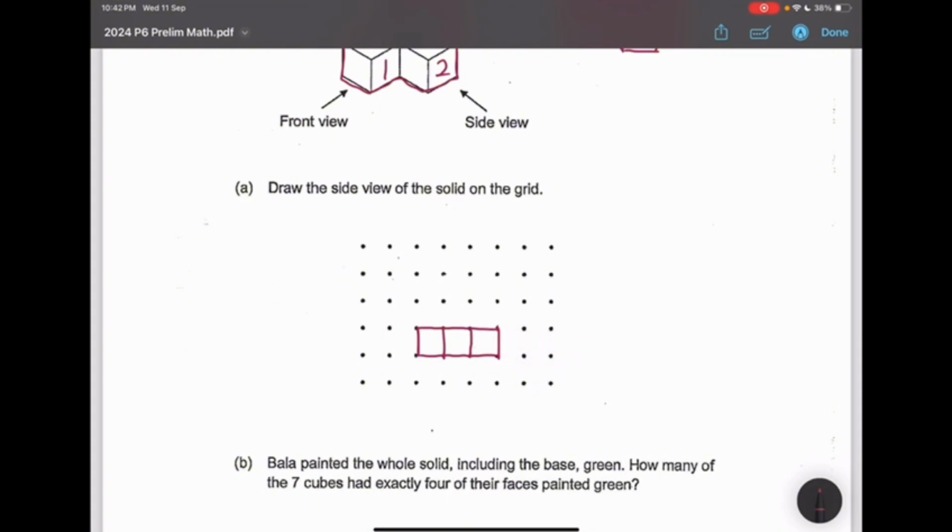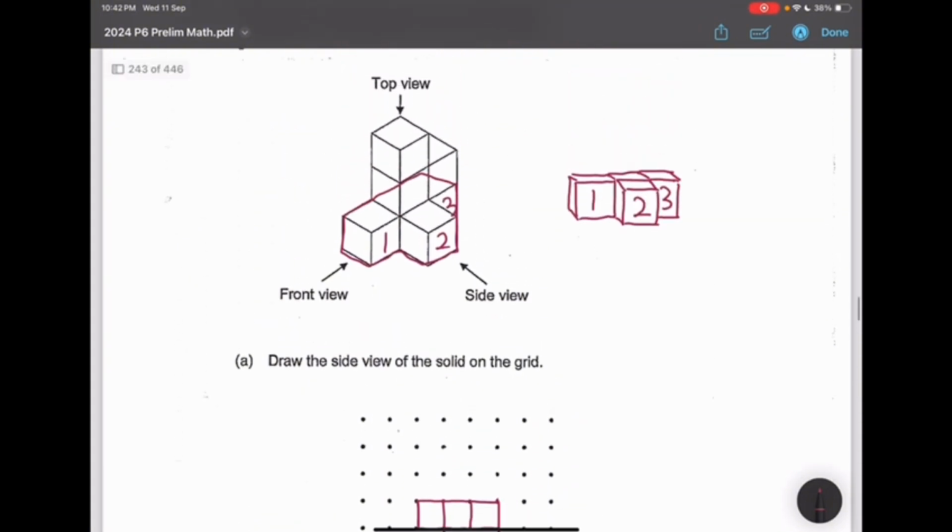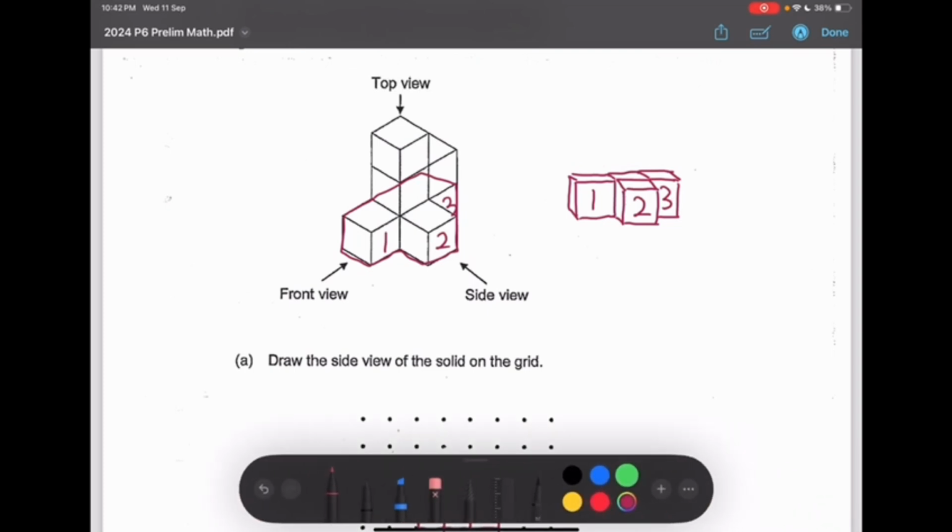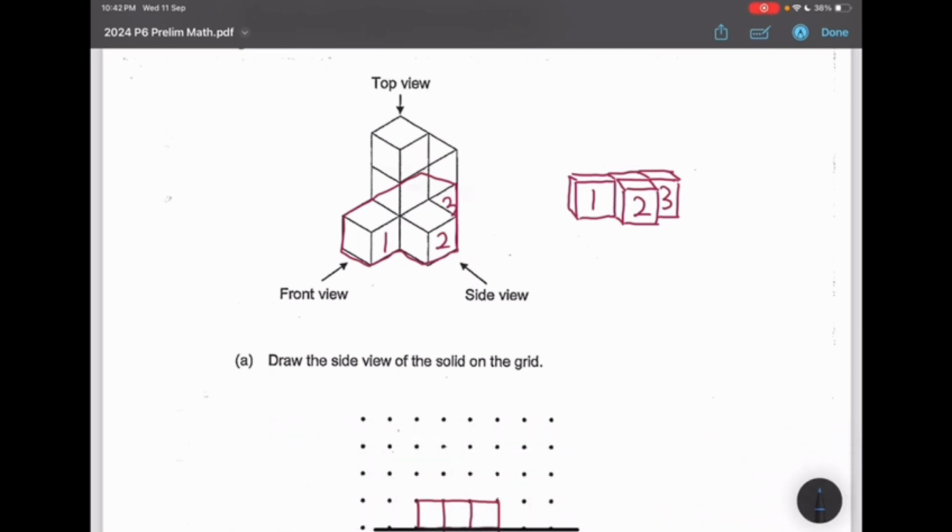There you go. Let's look at the second layer. Second layer, I'm going to use a different color. I'm going to use blue. I am going to be drawing this layer over here. Likewise, I'm going to number them 4 and 5. So 4 would be something like that. And 5 will be right beside it. This is 4, this is 5.